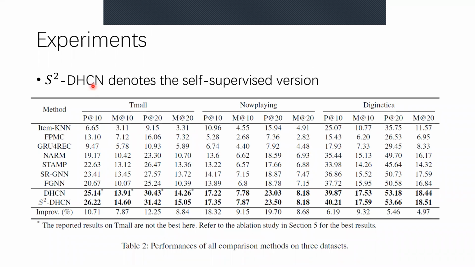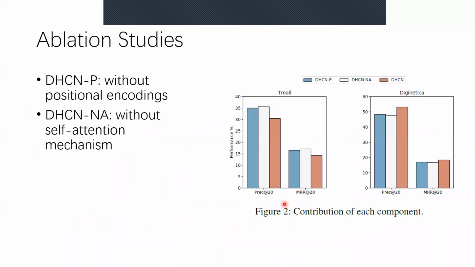And for the experiments here, you can see the methods DHCN and S squared DHCN. S squared DHCN represents the DHCN with self-supervised learning. It doesn't compare with the previous GCE-GNN, but it does compare with SR-GNN, and it outperforms all the baselines. You can also see that adding the self-supervised learning helps improve the performance of DHCN. And here are some ablation studies.